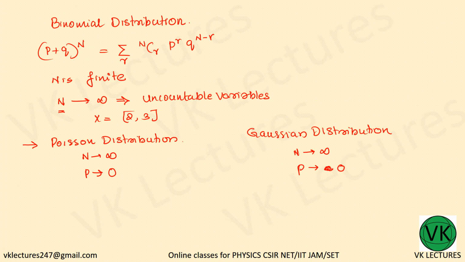This is a small value, very small. We cannot consider it as 0, but in the Poisson distribution it is nearly equal to 0.